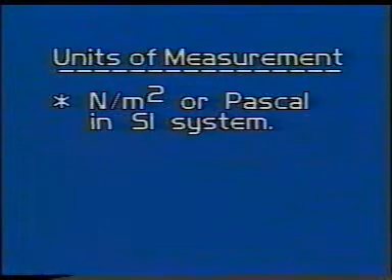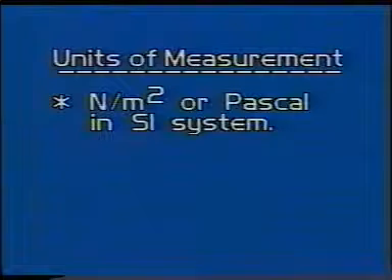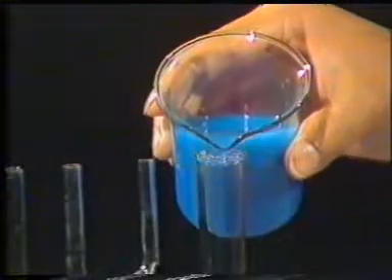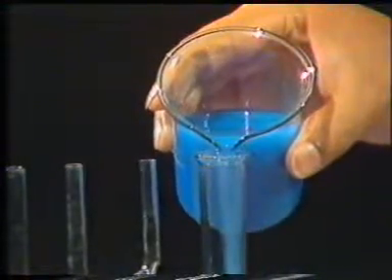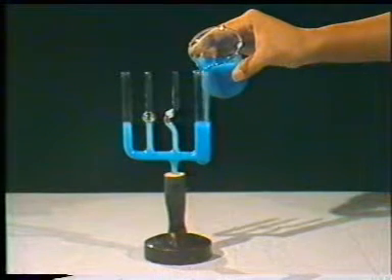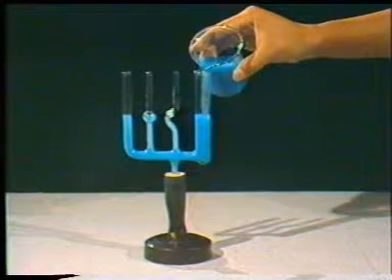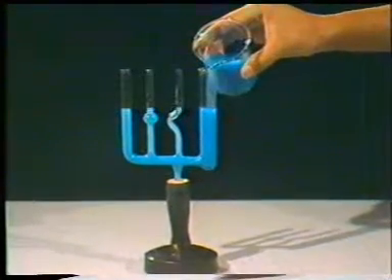In the SI system, fluid pressure is measured in newton per meter square, also called pascal. In the MKSA system, it is measured in kilograms force per meter square. The pressure at the bottom of a number of connected glass tubes of different diameters and shapes, each containing the same depth of water, will be the same.